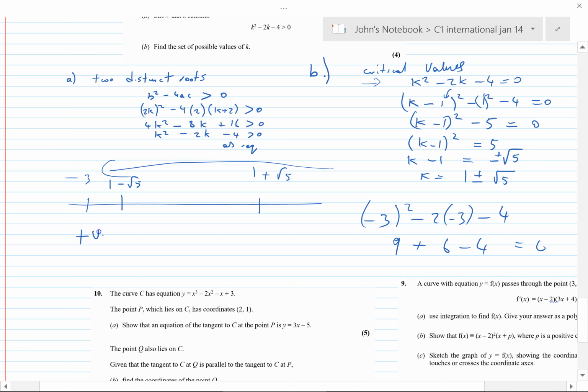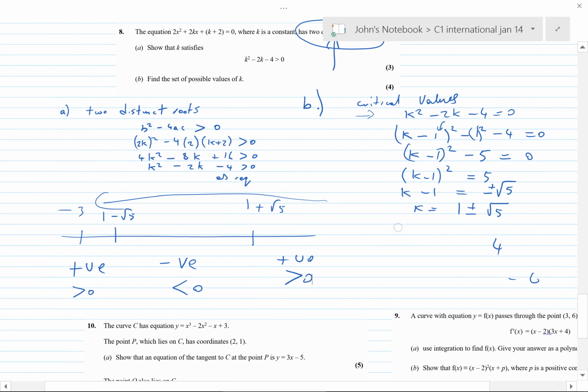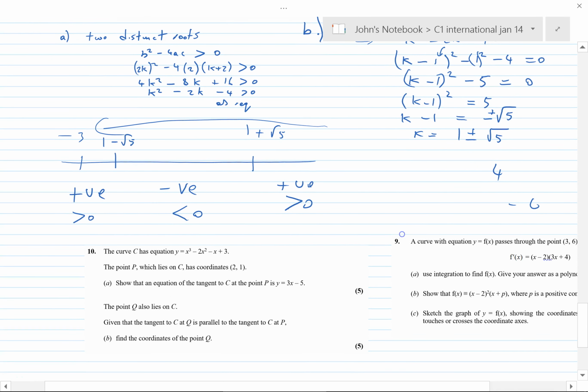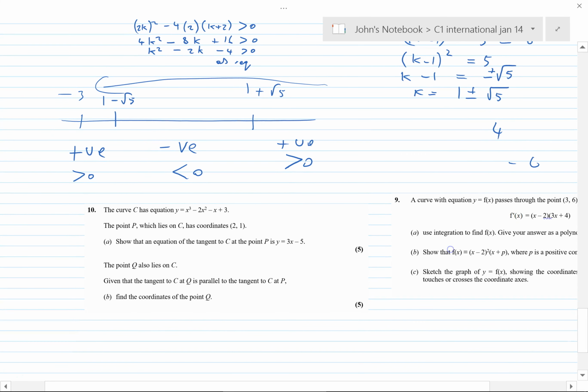So it goes from positive, which is greater than 0, to negative, which is less than 0, to positive, which is greater than 0. But we want it to be positive because we're solving this inequality. So that's telling us that k has got to be in between these two values here.